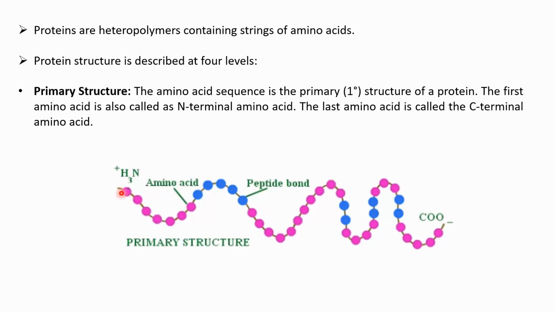So the protein chain is always read from N to C. The first amino acid has its amino terminal free, while the last amino acid has its carboxyl terminal free. The primary structure is simply defined by the amino acid sequence present in the protein.